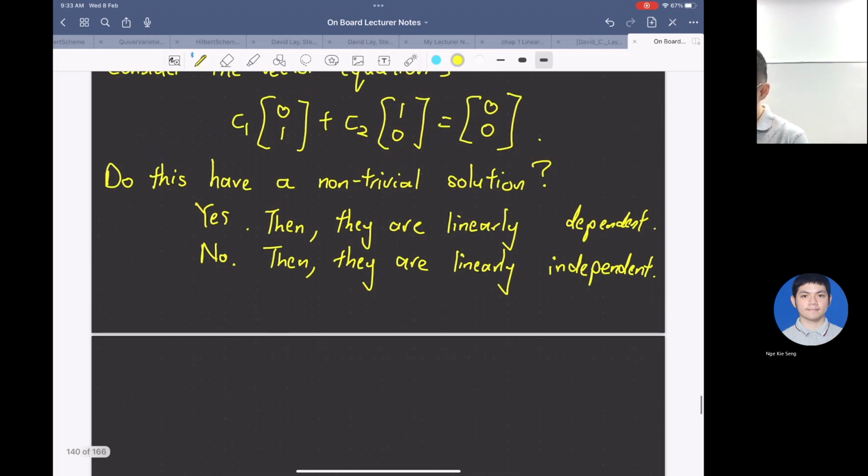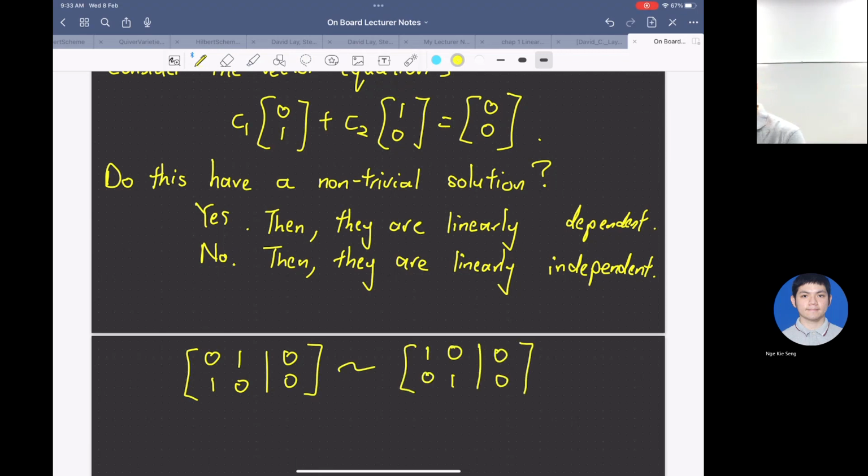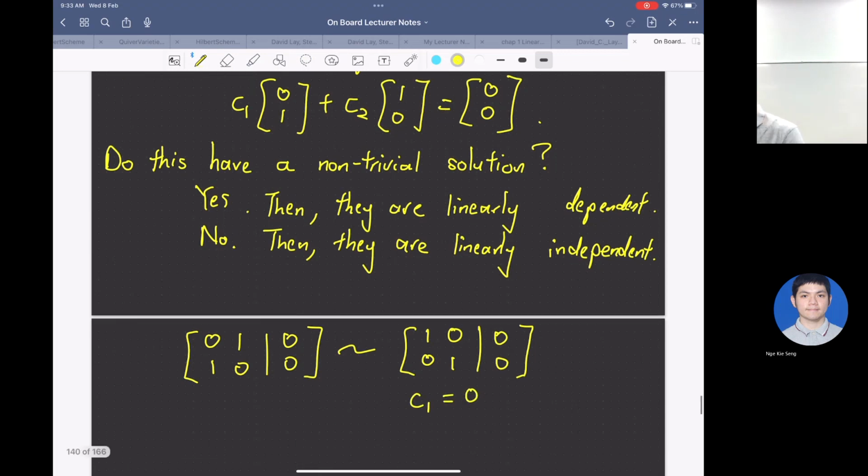So you got a vector equation. So what do you do? Can you get an augmented matrix like this? And then you can row reduce it to 1, 0, 0, 1. Which tells you that C1 is 0 and C2 is 0.